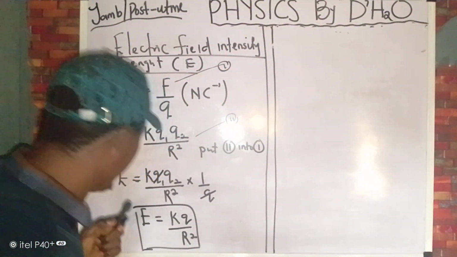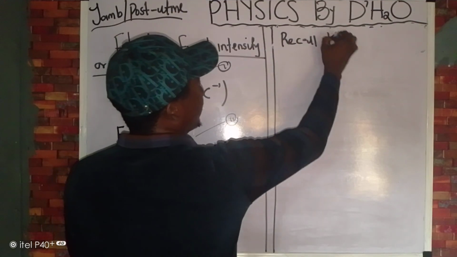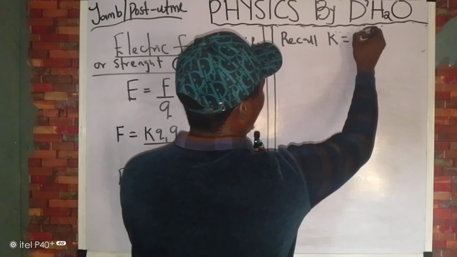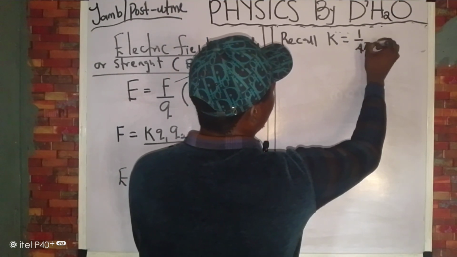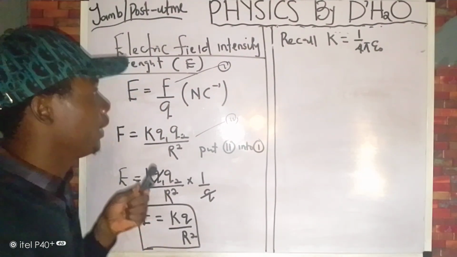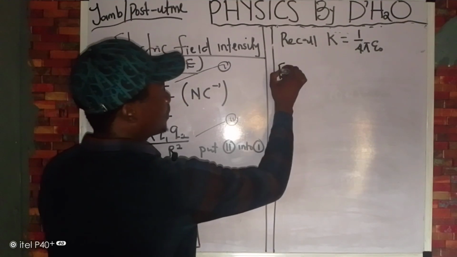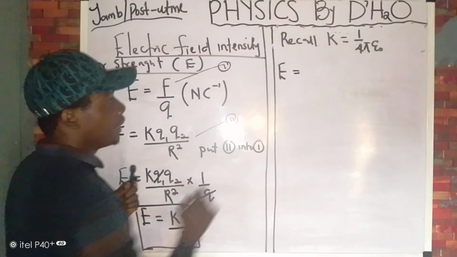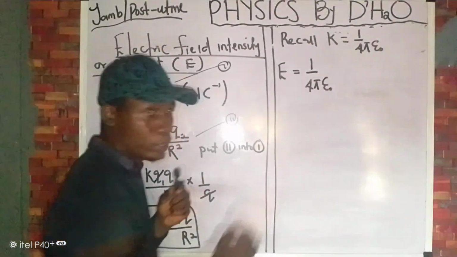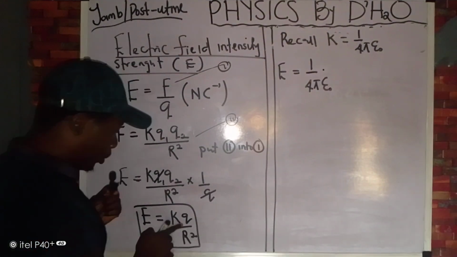Recall that our K is equal to 1 over 4 pi permittivity of either free space or medium. Okay? So I can take this and put here, so that my electric field intensity will become, watch this, K is 1 over 4 pi permittivity, times Q over R squared.